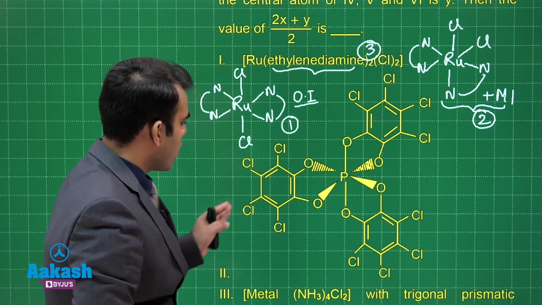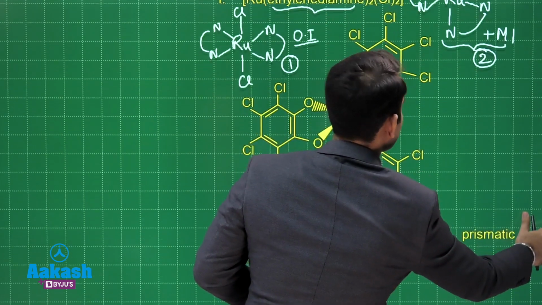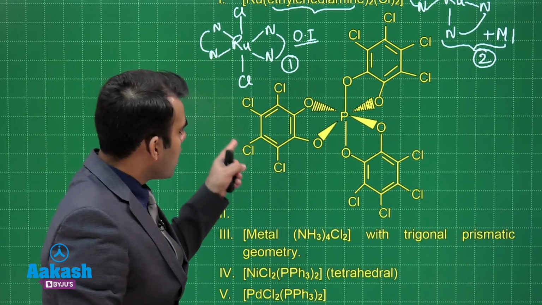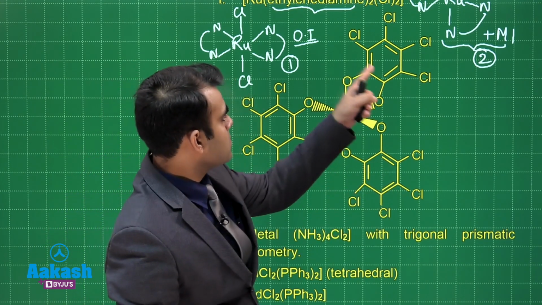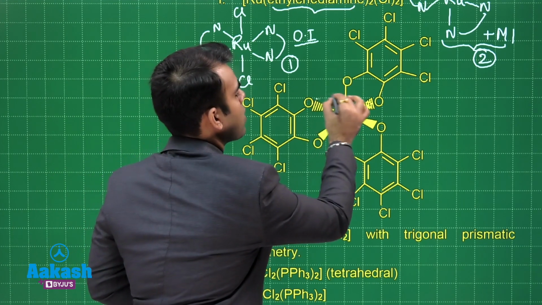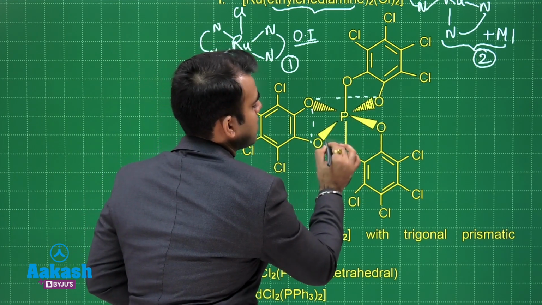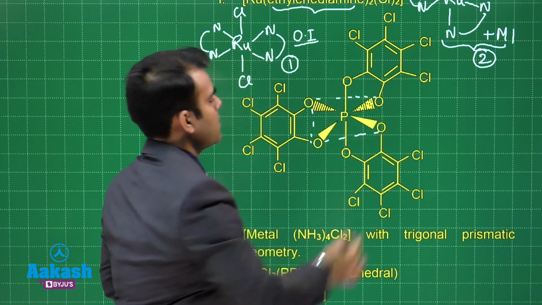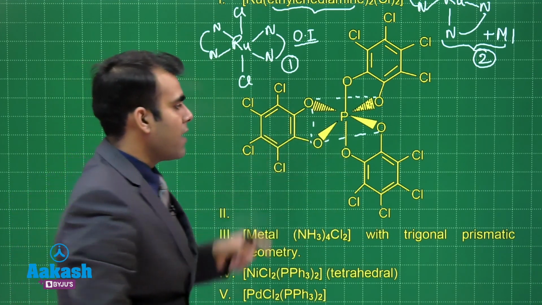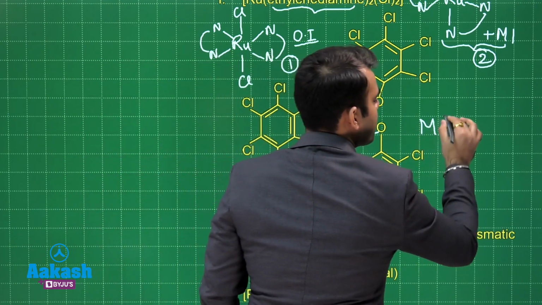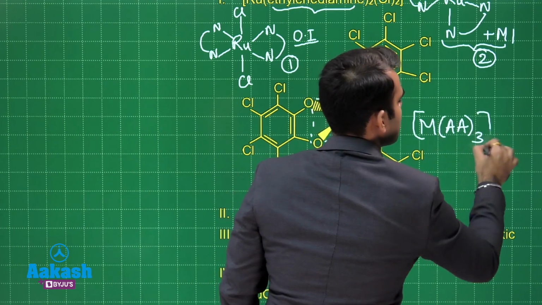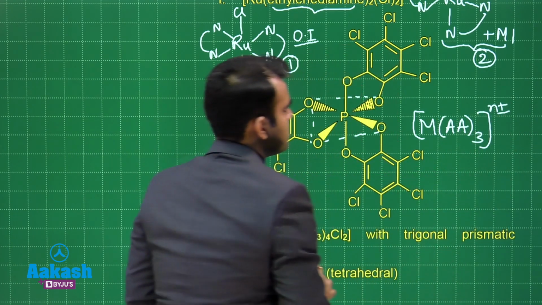Let's look at the second option. Now in the second case you can see that all the ligands are the same and all the ligands are bidentate, and here I am getting an octahedral complex. So it is of the type M(AA)3 to the n plus or minus.